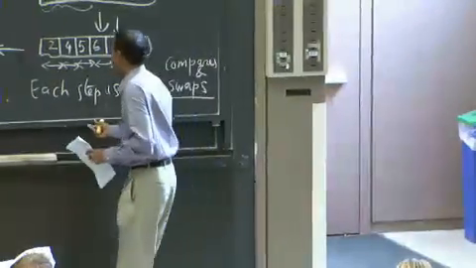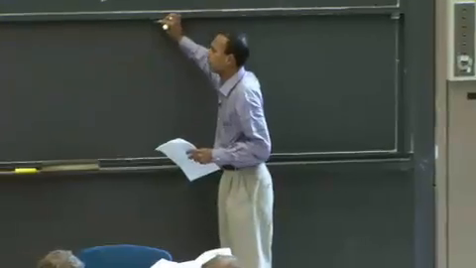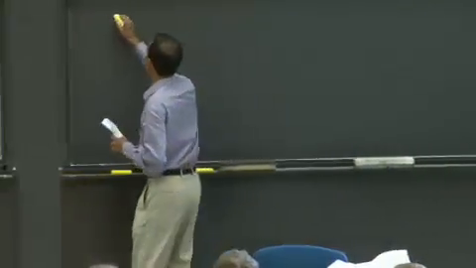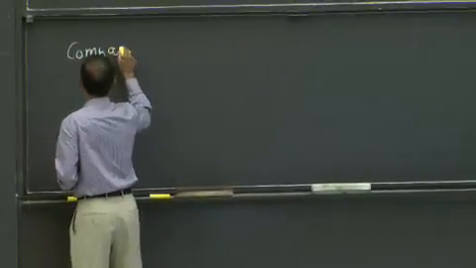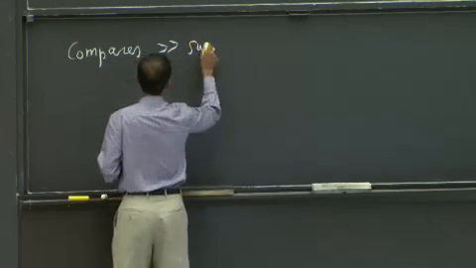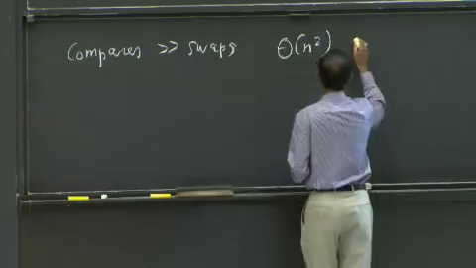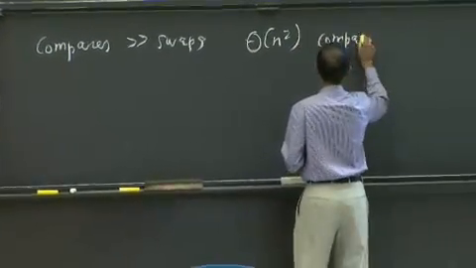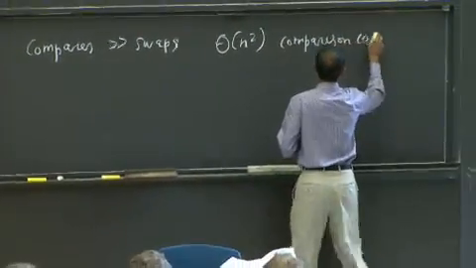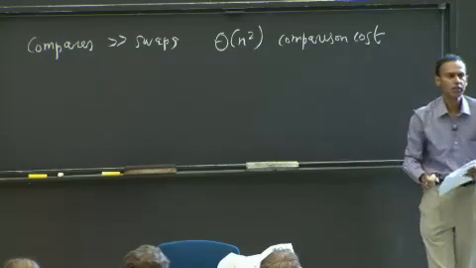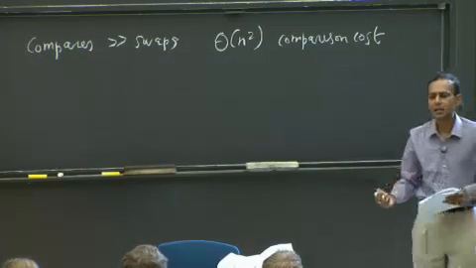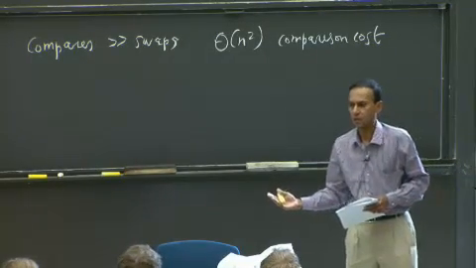Now, here's the question. Let's say that compares are more expensive than swaps. So I'm concerned about the theta n square comparison cost. I'm not as concerned, because of the constant factors involved, with the theta n square swap cost.